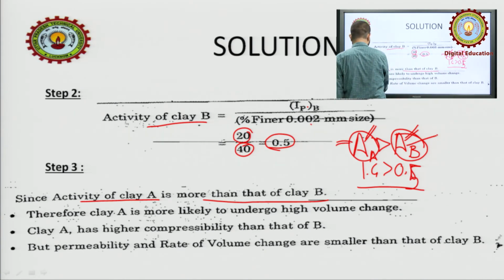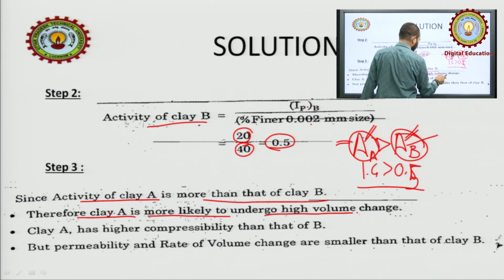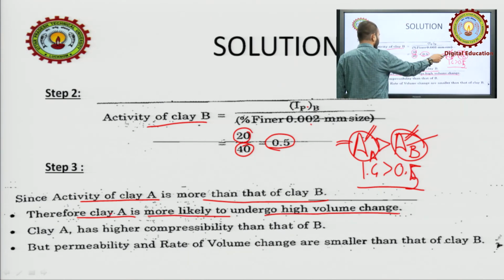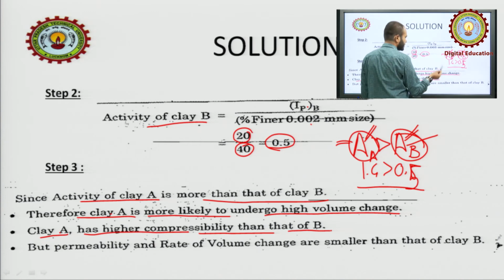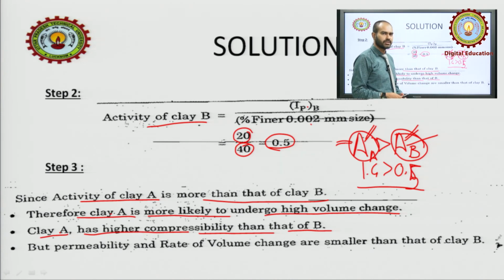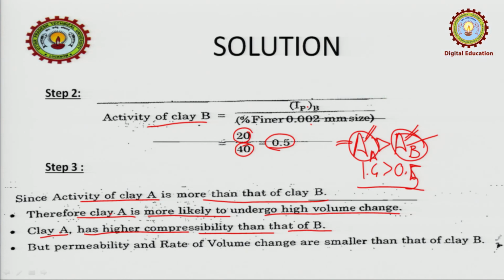Therefore clay A is more likely to undergo high volumetric change, means swelling property will be higher in clay A. Clay A has higher compressibility than B, because it is swelling higher. So when you remove the water from clay A, more compression will take place. So the same is being conveyed here.